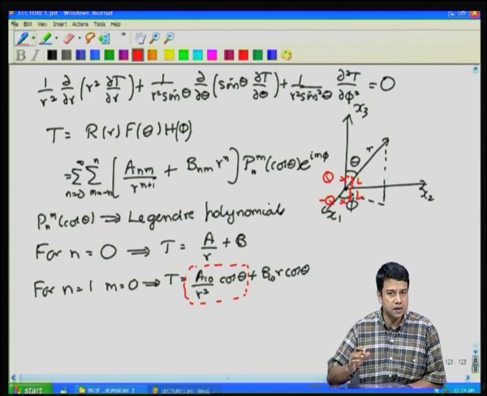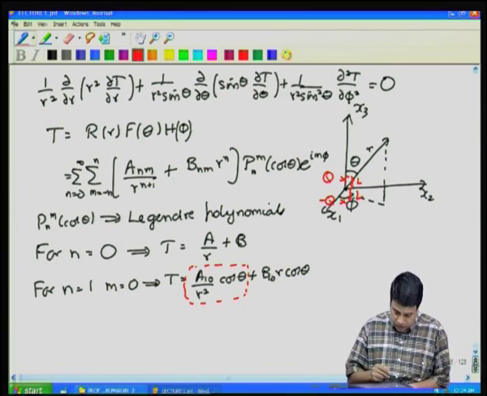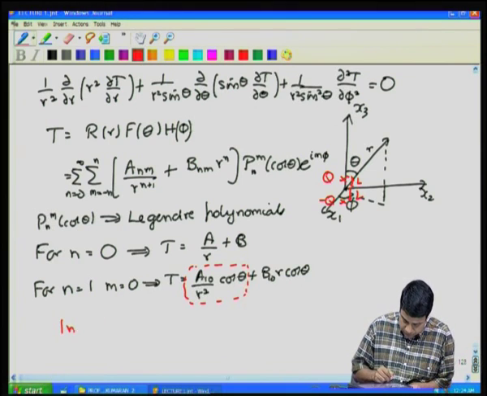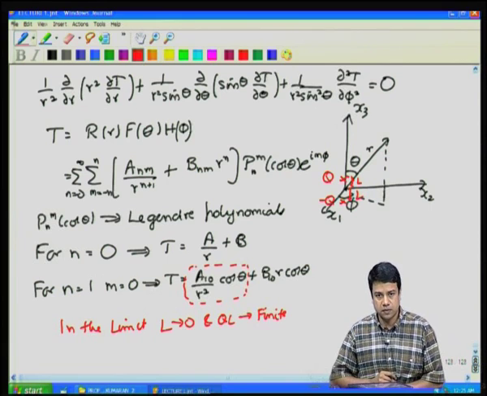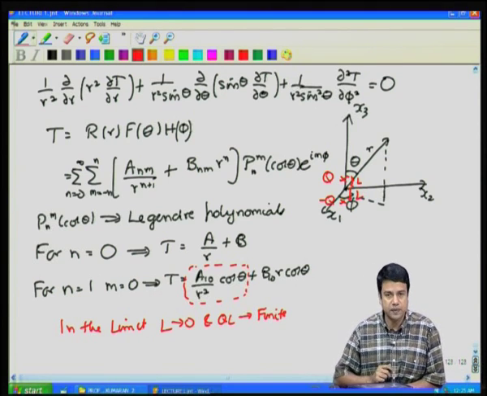Okay. In the limit as L goes to 0, and QL being finite, you get a source dipole. Okay. The source dipole is something that looks like this.